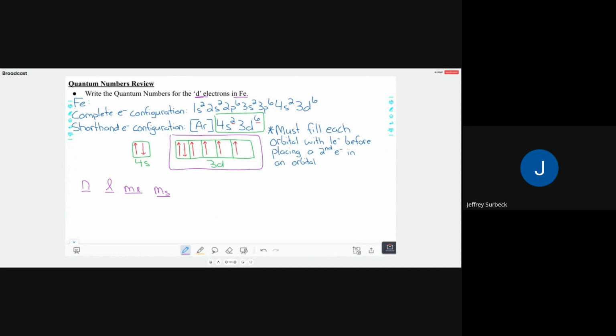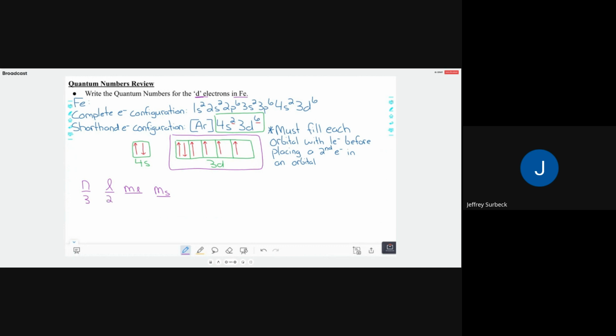Well, every single one of the electrons in the 3D section is going to be in the third energy level, okay? So if we look at this first up arrow way on the left, it's in the third energy level. It's also in the D sublevel. And remember, I said each sublevel has a unique number associated with that L value. Because it's in the D sublevel, this gets a value of 2.